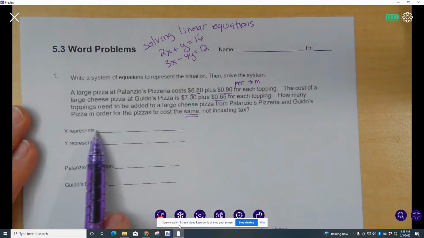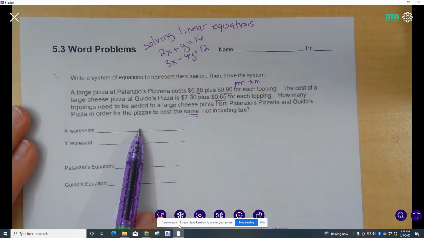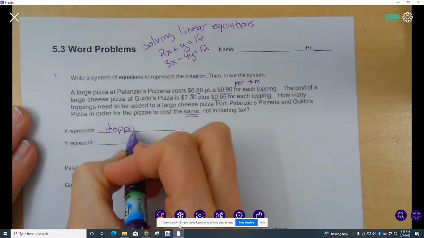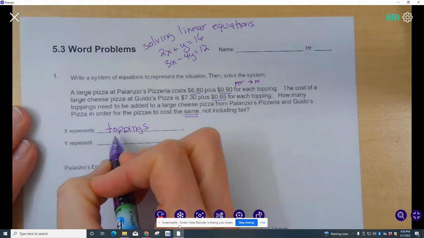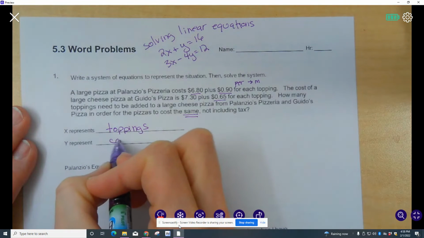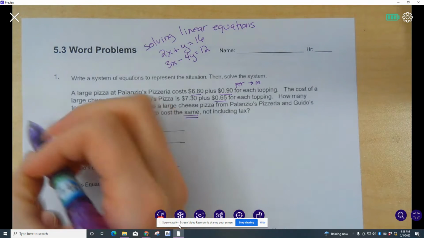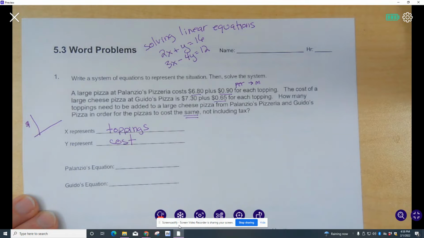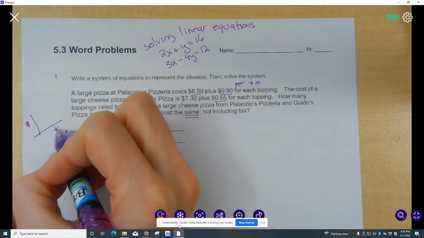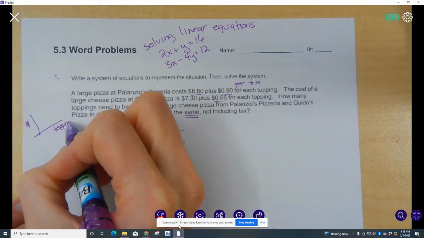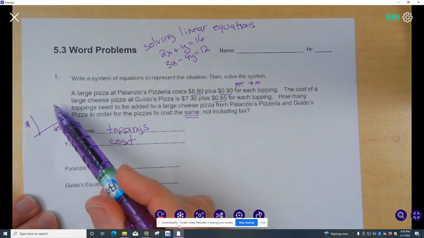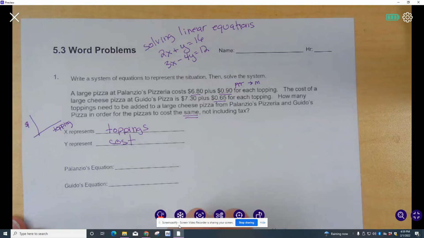Well, how many toppings you get. So I'm going to say x is my toppings and y is my cost. You can picture if you were graphing this, the y-axis would be how much your pizza cost, and the x-axis would be how many toppings you get on your pizza. So the price would increase when you get more toppings.